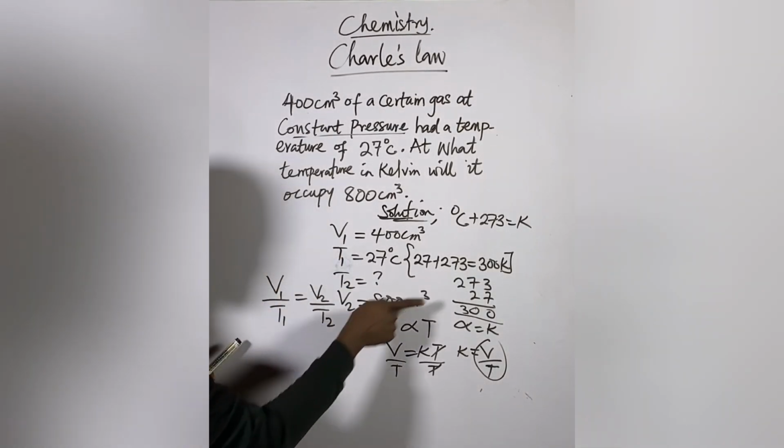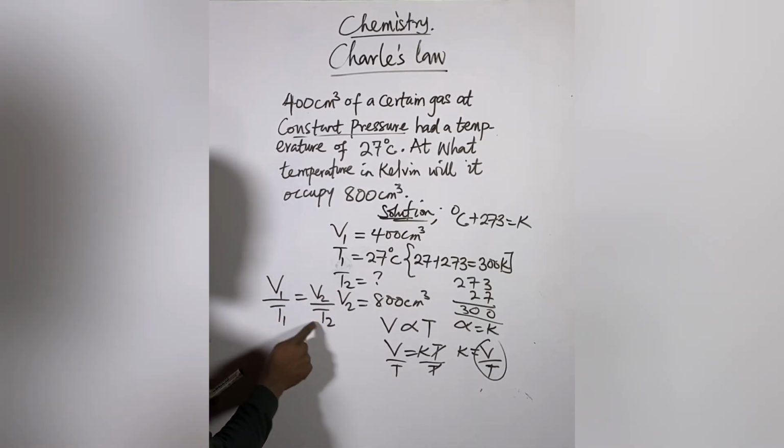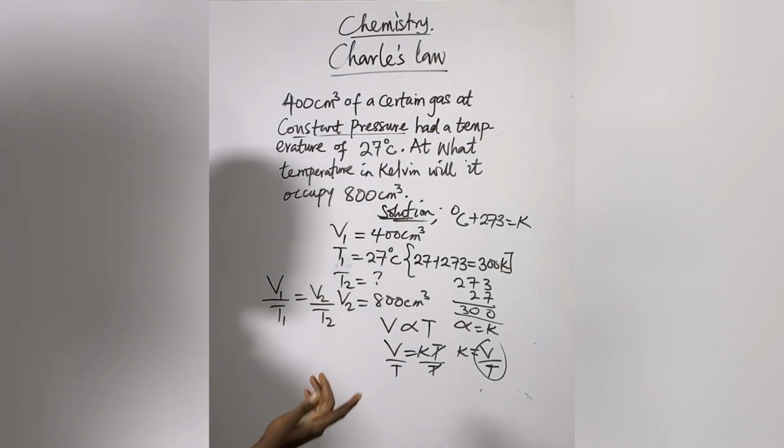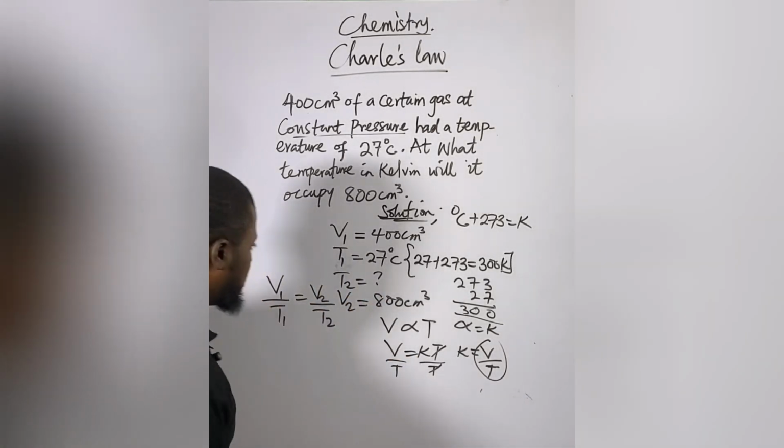So now carry everything you put inside. Since T2 is what we are finding, make T2 the subject of the formula. I like to do it like that, to make things easier for you.